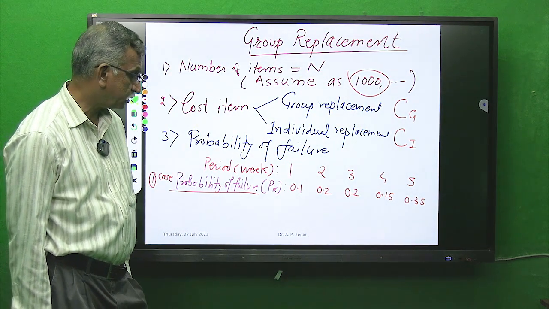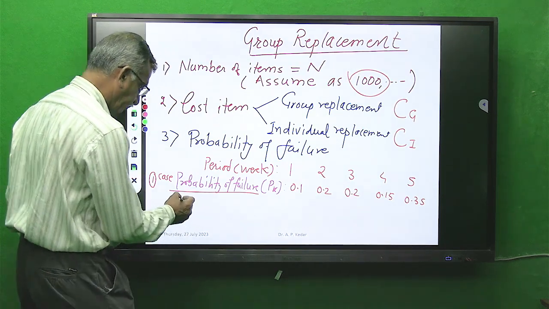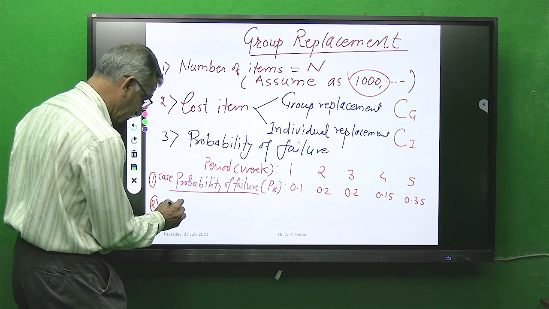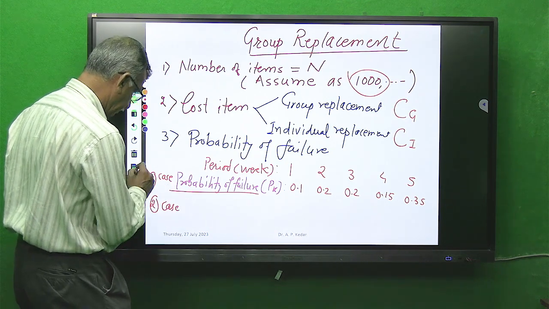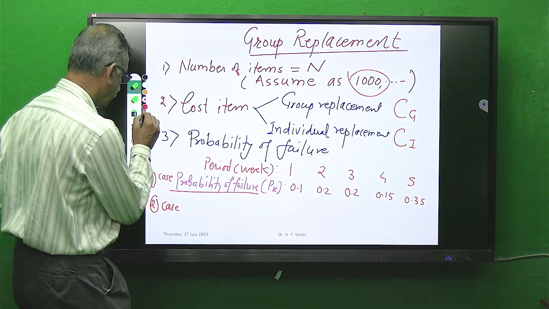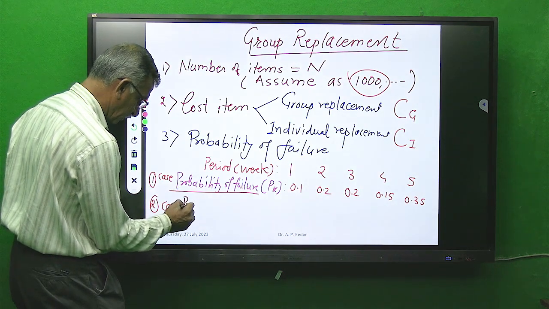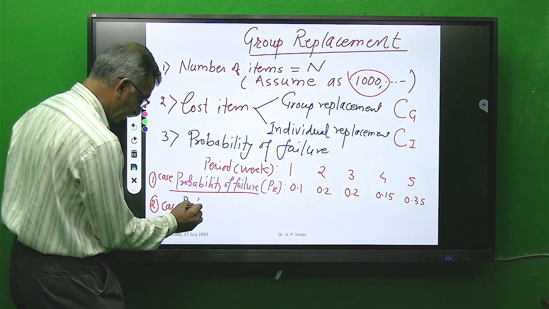The other thing is the second case, how one can give the data. Again I am writing here how the data may be given.